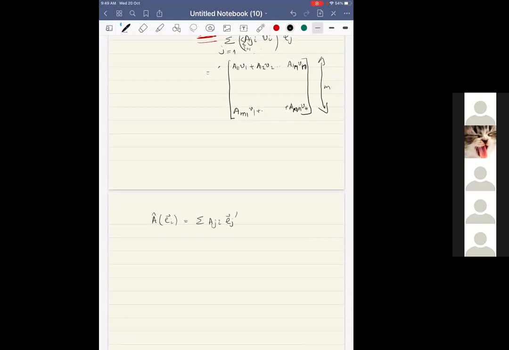This is the first equation. This defines A in terms of A hat and vice versa.